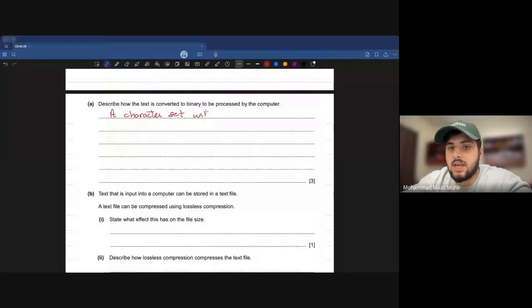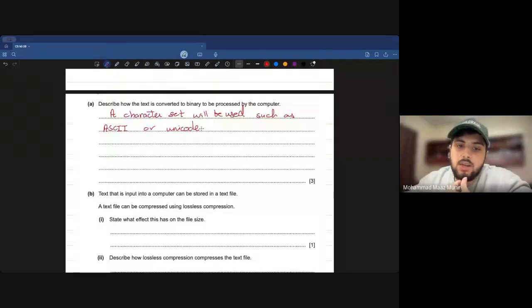Then you need to tell such as ASCII or Unicode. So yeah, you get the 2nd mark for giving the example. And then you need to basically tell them about how each character has a unique binary value. So I'm going to say each character has a unique binary value.